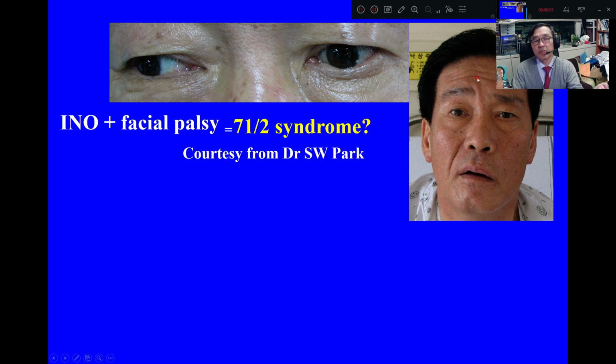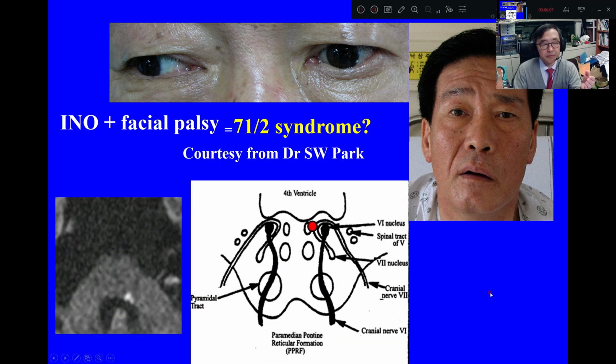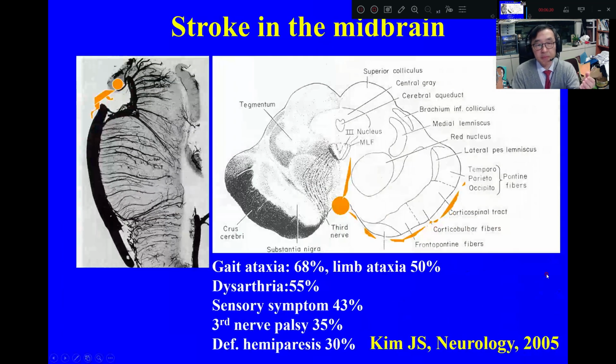So how can we explain INO plus facial palsy, sometimes called the seven and a half syndrome? It is a very similar lesion, but the lesion looks a little bit wider than the previous one. Probably it involved the genu portion of the facial nerve as well as the MLF here. So involvement of both structures can lead to INO plus facial palsy syndrome.